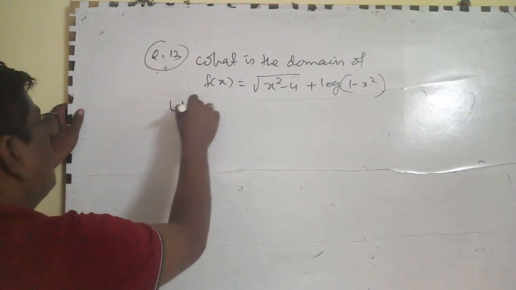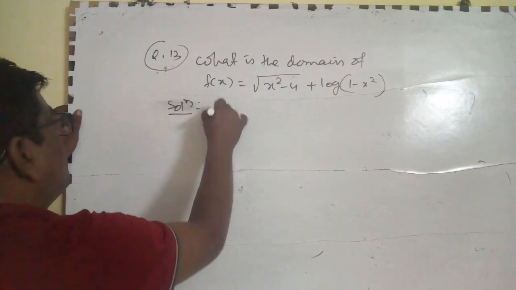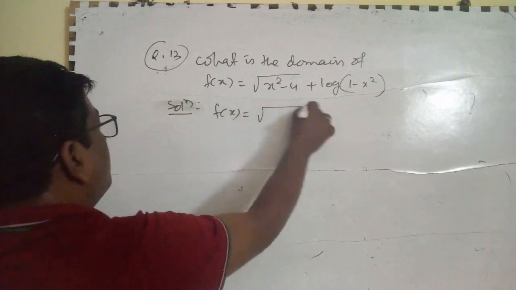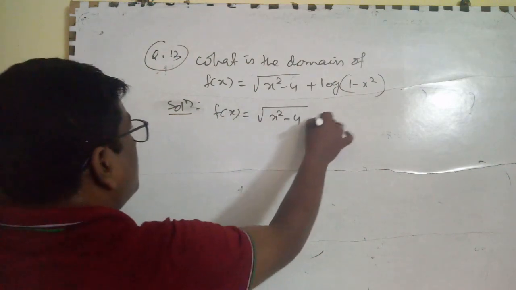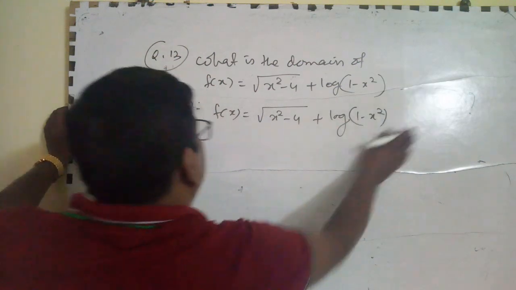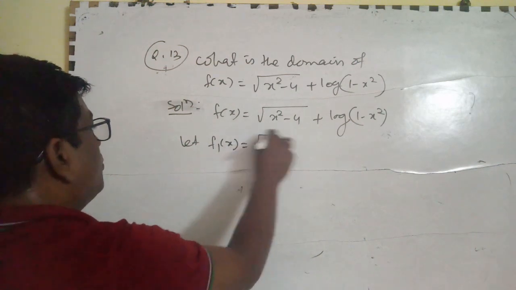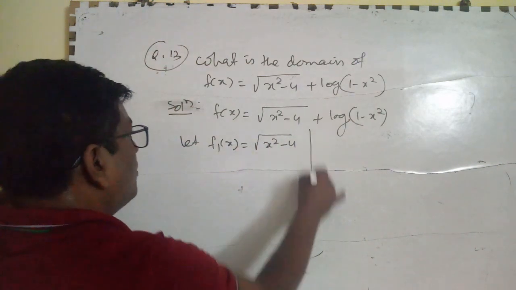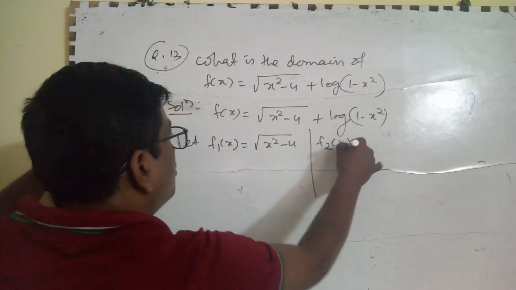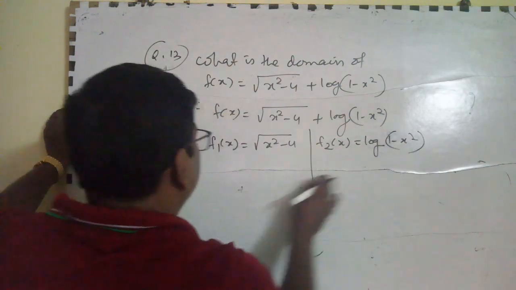Solution: f of x is equal to root over x square minus 4 plus log 1 minus x square. Let f1 of x is equal to root over x square minus 4, f2 of x is equal to log 1 minus x square.